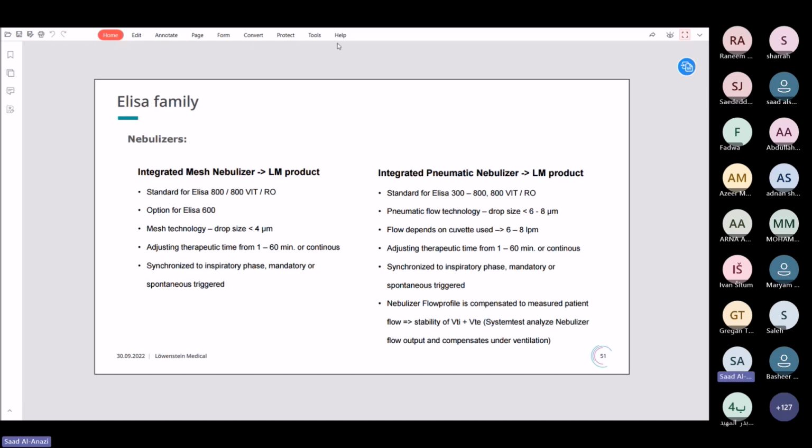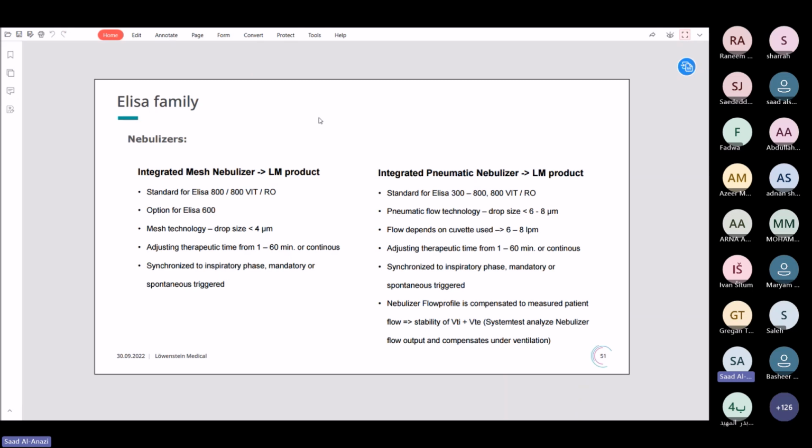So this one is really a great option. You can use the pneumatic flow technology with particle size from 6 to 8 microns. The flow depends on the capability used, from 6 to 8 liters per minute. The adjustable time is 1 to 60 minutes for the therapy.